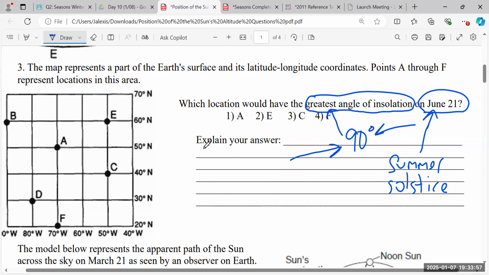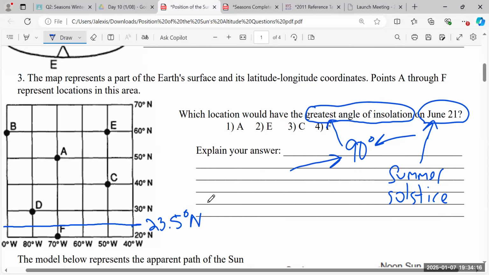It has to be the one closest to 23.5 degrees north, which is a little less than halfway up this latitude right here. Out of the options they've given you, which location is closest to 23.5 degrees north? A, E, C, or F?